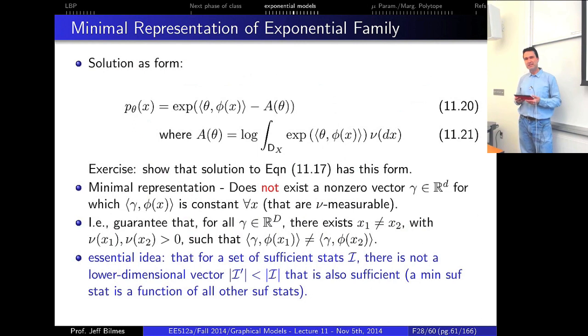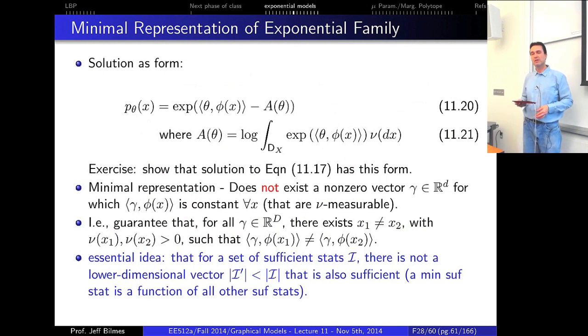Another way of seeing this, and again, you will have to just think about this, but here's something that gives you an intuitive idea. There's this notion of minimal sufficient statistics, and it's saying that there's not a lower-dimensional set of statistics that's also sufficient. So it's a minimal set of sufficient statistics.